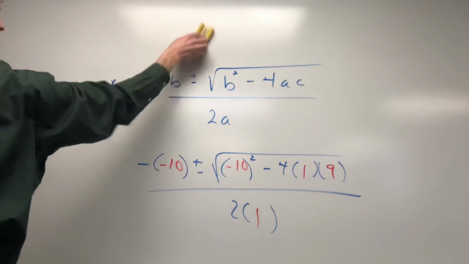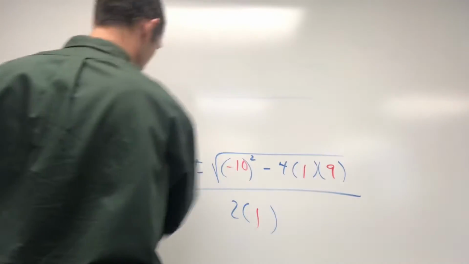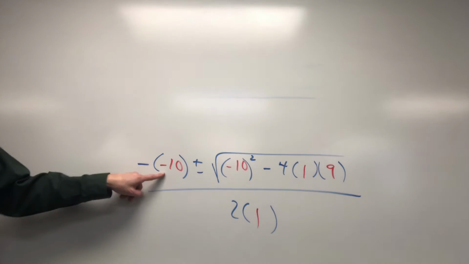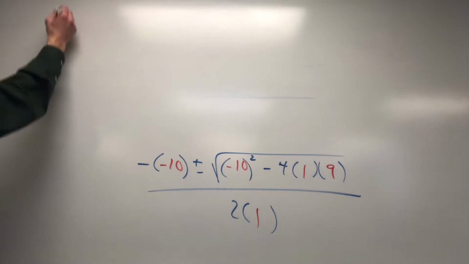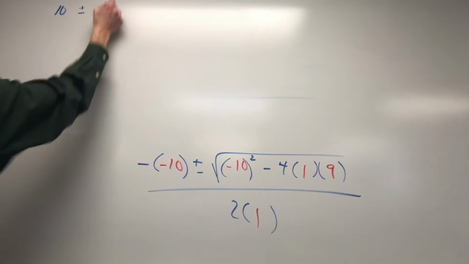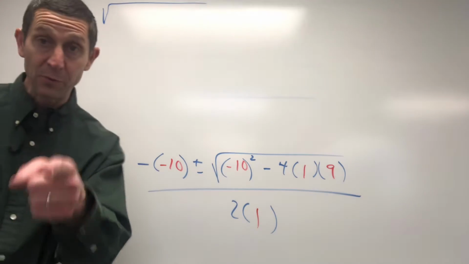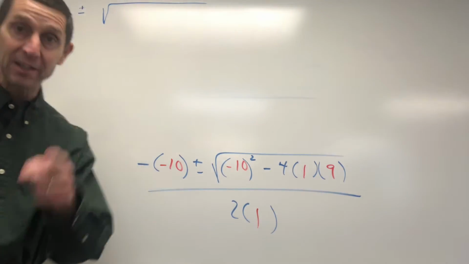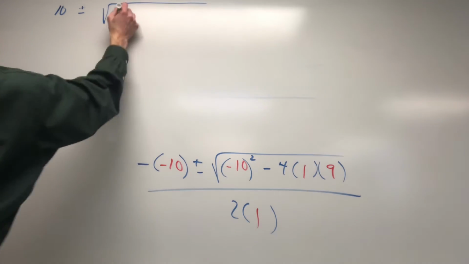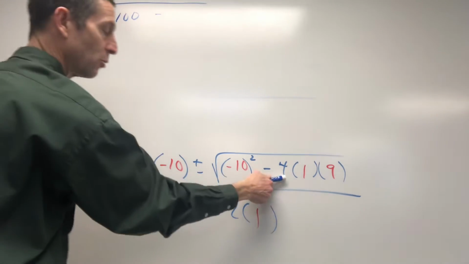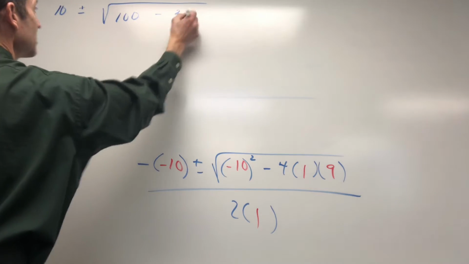And let's get to work cleaning this up. Right now we've got negative times negative 10, that's positive 10, plus or minus the square root of a negative number that is squared. If you have a negative number squared, it does turn positive. That's a positive 100. 4 times 1 times 9, 36.